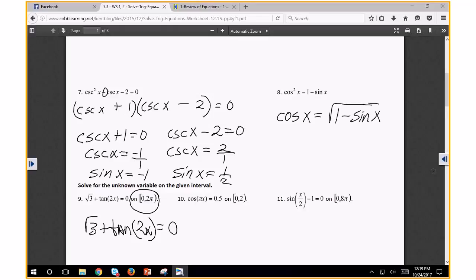Now you're told you can go from 0 to 2 pi. So it's in the 360 degrees. So minus square root of 3, so that'd be tangent of 2x is equal to the square root of 3. I'm not going to go any further than that because that's a double angle. We'll get back to that.